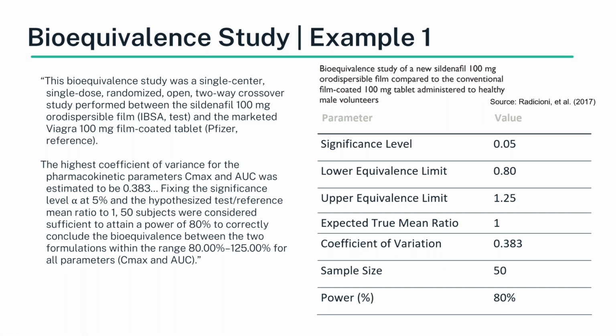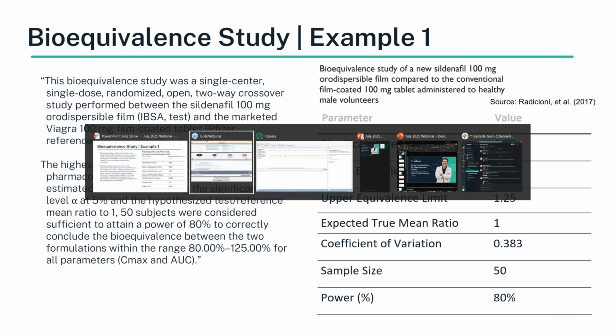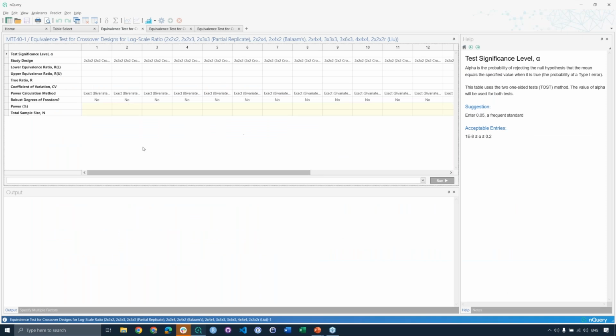And with that, we can switch over to nQuery. So here I have open the table used for equivalence testing for crossover designs on the log scale ratio, MT40. For those of you that may not be as familiar with nQuery, this is how a lot of the tables will look.